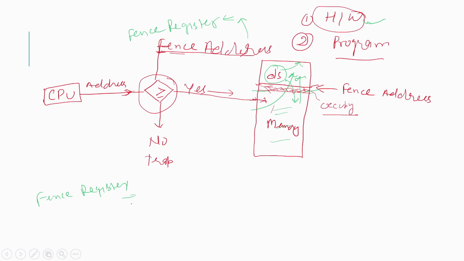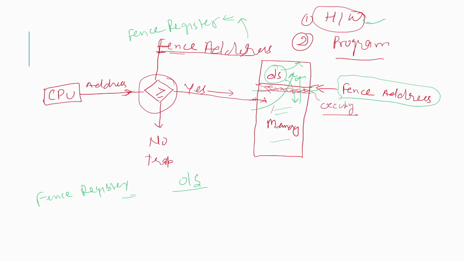Whenever the operating system has to be upgraded, the fence register value we set in the beginning will definitely change, because we have upgraded the operating system, so the operating system size will change.